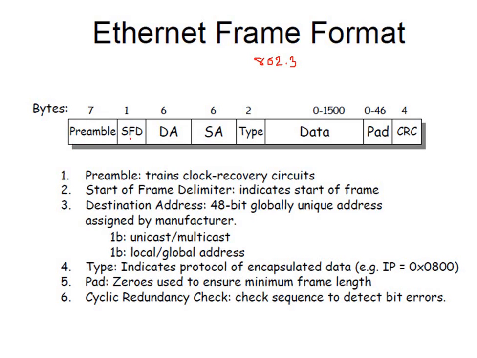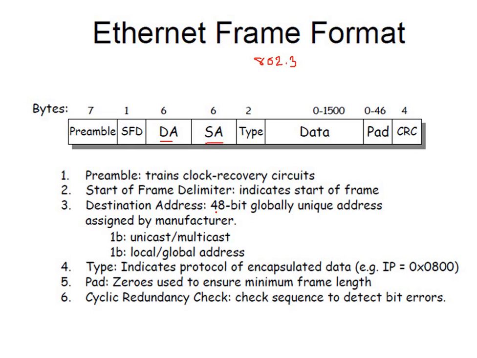preamble, then SFD, that is the start of frame delimiter, so it indicates the start of the frame, then destination address, then source address. So destination address and source address are fixed ones, that is a 48-bit globally unique address that is designed by the manufacturer, so we'll call it a MAC address.